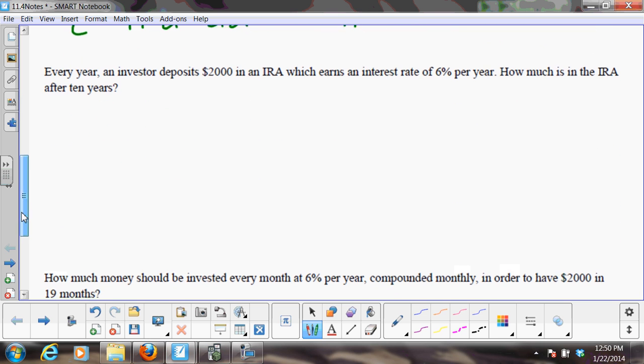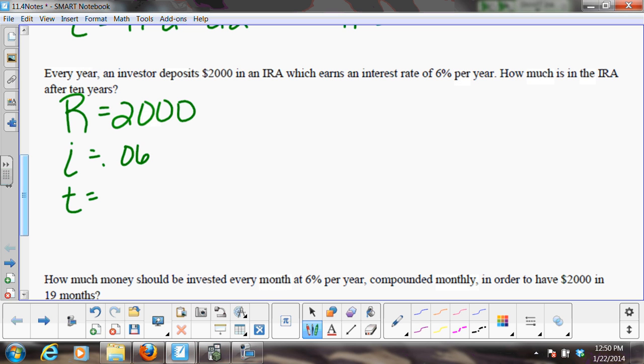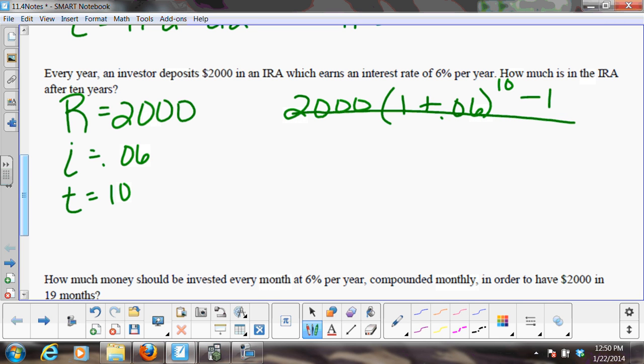That's what an annuity is. So every year an investor deposits $2,000 in an IRA, which earns interest at 6% per year. Well, if we're doing it once a year, our interest rate's not going to change. It's at 6%. And now the time is 10 years. So we don't actually have to change anything with this one. So 2,000 times (1 plus 0.06) to the 10th minus 1, all over 0.06.